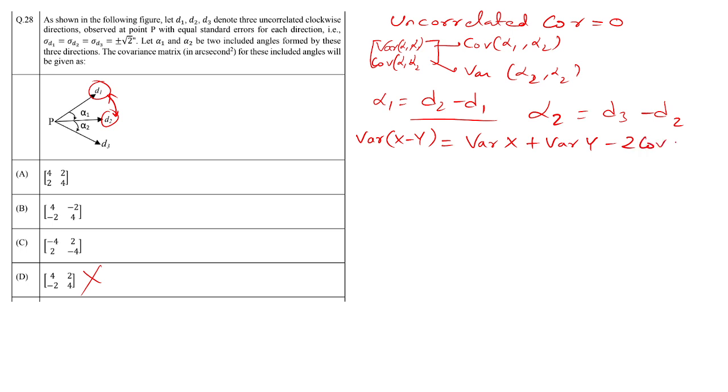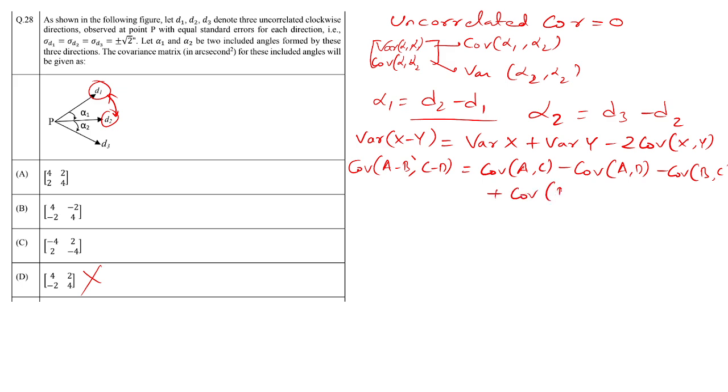One other formula that will be needed is covariance of a minus b, comma c minus d, equal to covariance of ac minus covariance of ad minus covariance of bc plus covariance of bd.